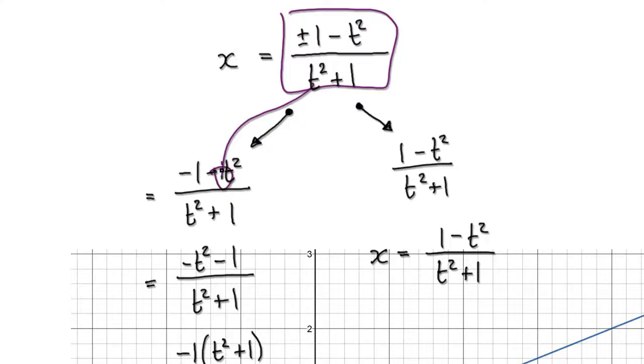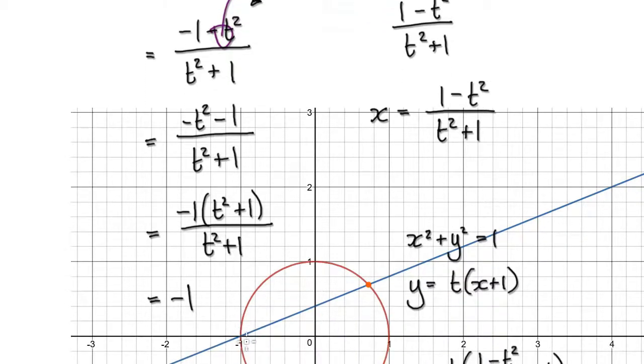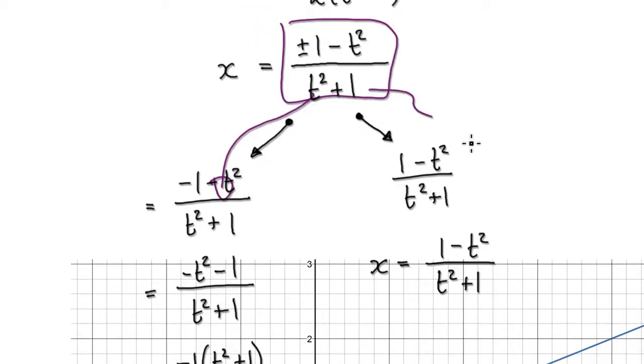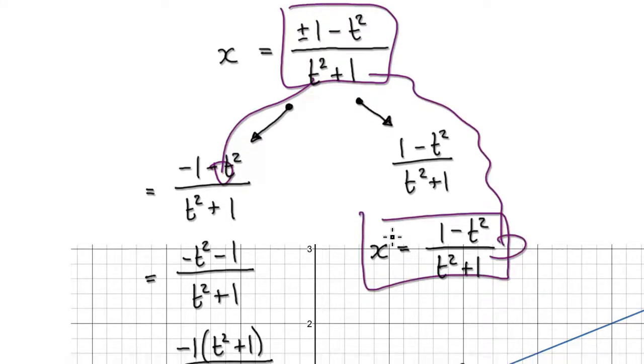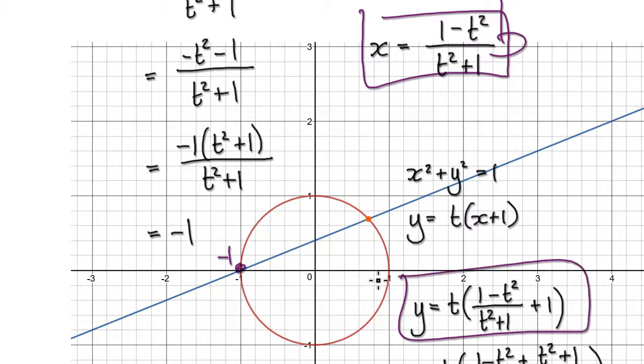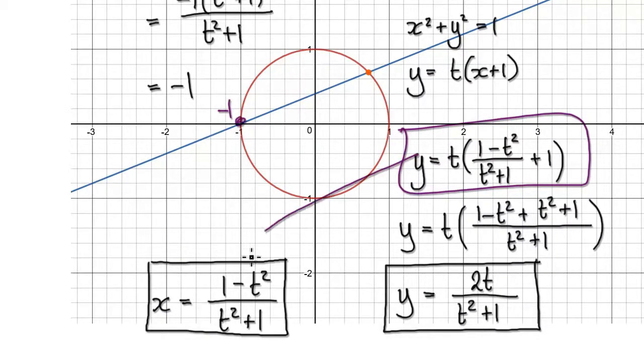The negative strand means that the line and the circle will always intersect at -1. Looking at the positive strand, it will lead you to x equals this and y equals this.